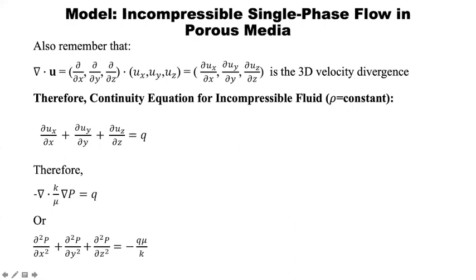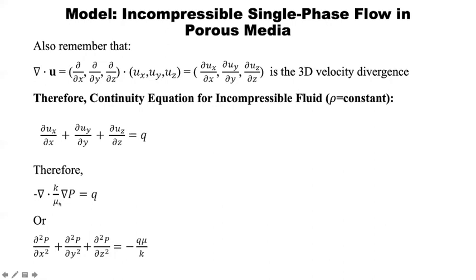This means we have the divergence here, and instead of having Ux, Uy, Uz, we replace them by partial P by partial x, and so on, having it in this form. But you have k over mu here. We'll take this constant. By the way, they are constant now.